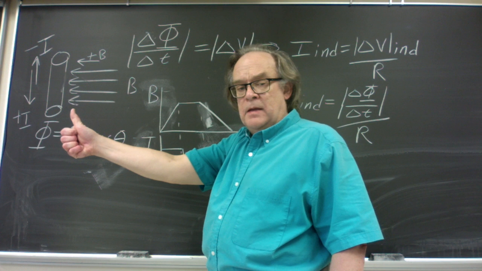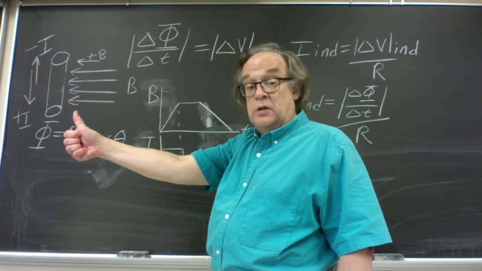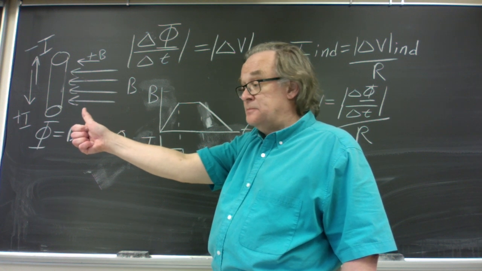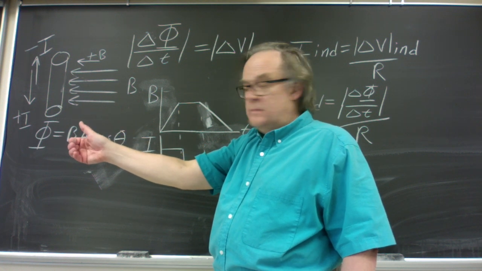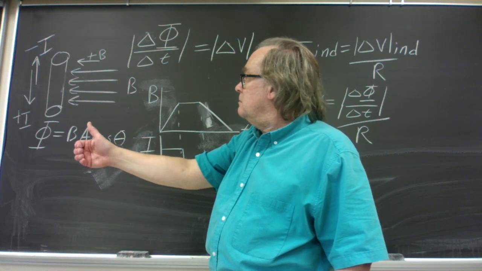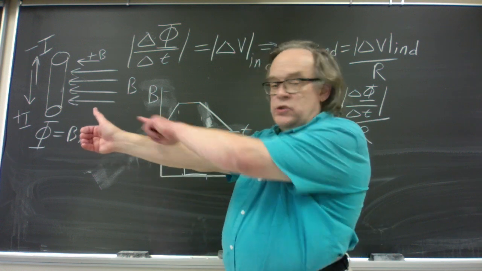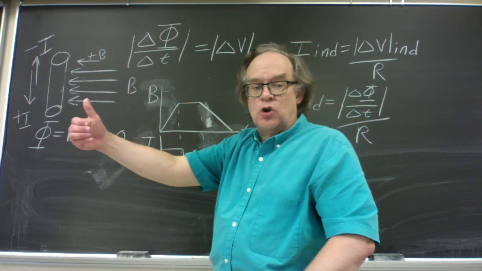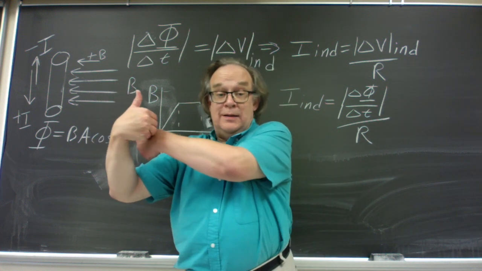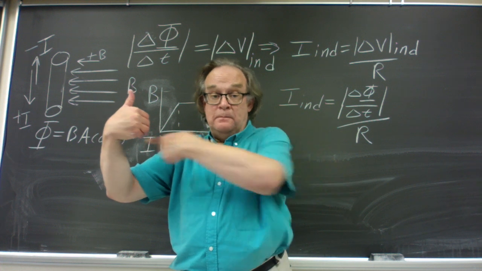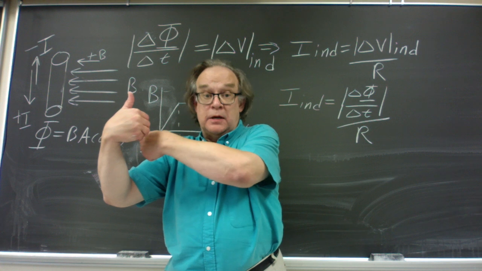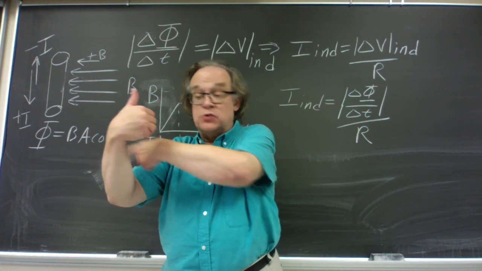So right here, at the far edge of the circular loop, when the current is going this way, my fingers curl until they get to the plane of the loop, and I can see that now my fingers are curling and pointing this way, so the magnetic field in the plane of the loop is pointing this way, right?